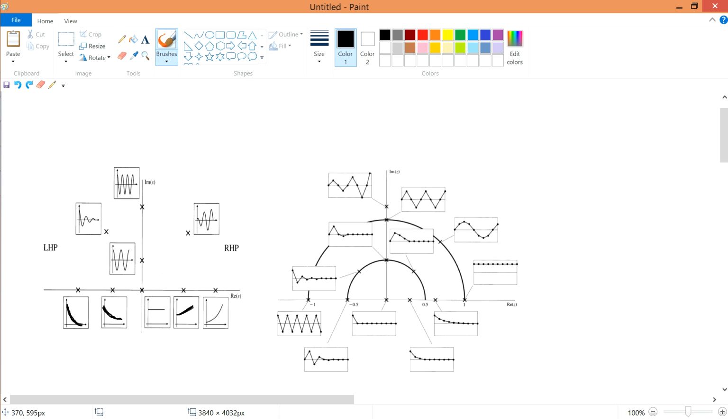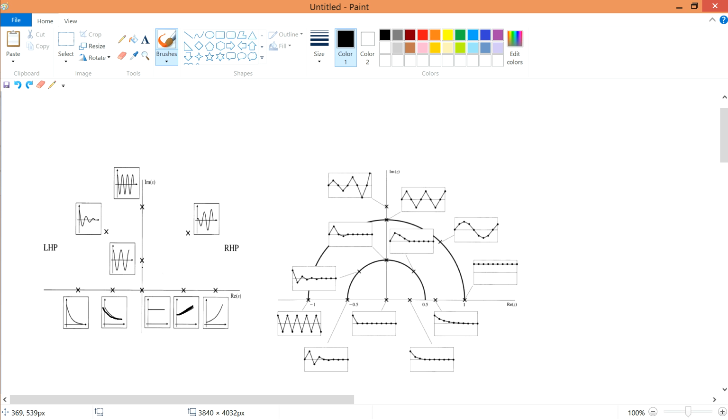Now at this particular point, this is a straight line. As you go up to this imaginary point, when real is equal to 0, you'll see this trend, meaning this one will oscillate. So you oscillate at the midpoint, something like this.